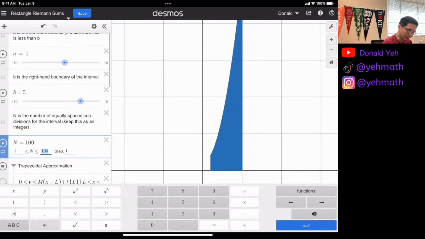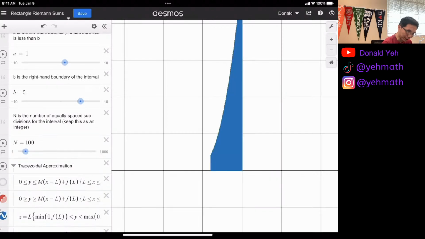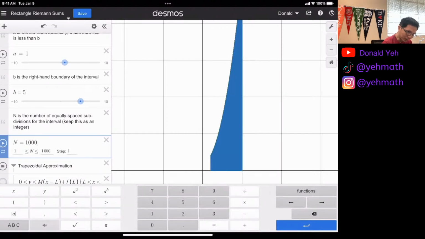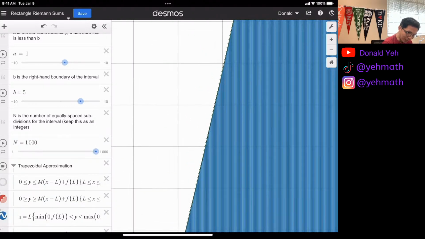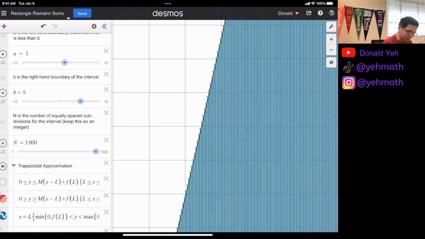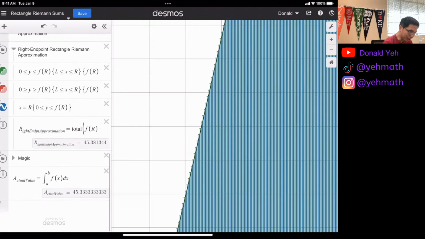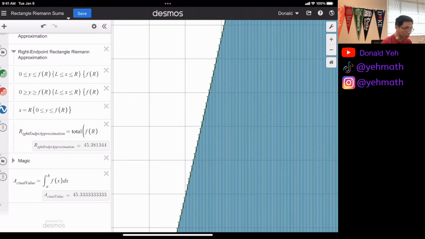Well, 1,000 is going to be pretty precise. This is 100. For 1,000, I don't think they can show you, but it's going to be so precise that you can barely see that small gap. And then you're going to see it's roughly 0.05. Okay, it's pretty precise now with 1,000.